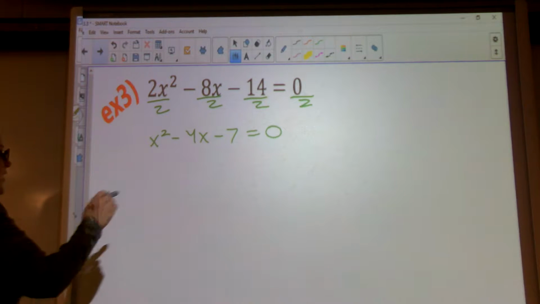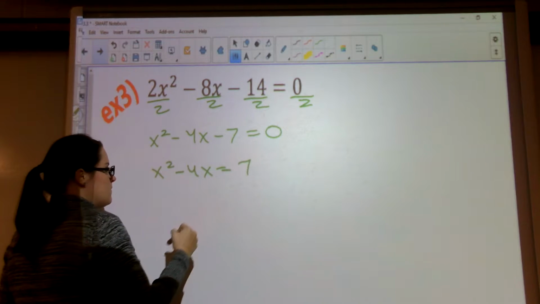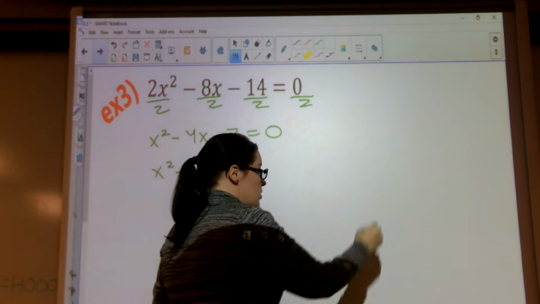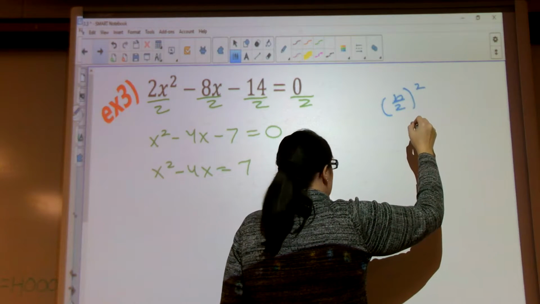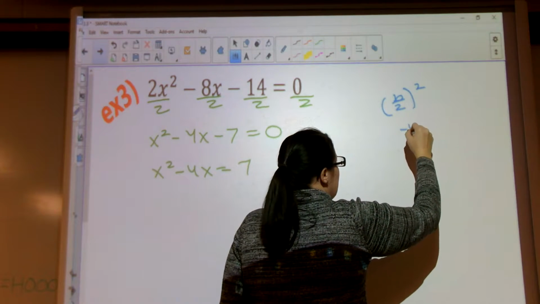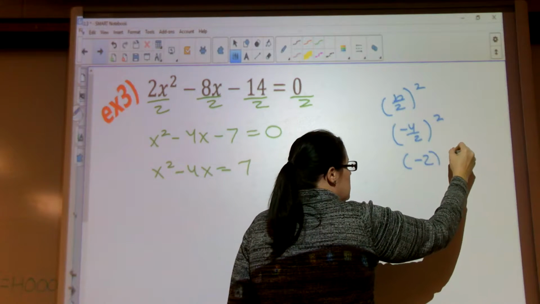Okay. Now take that constant over. So in our case, we want b over 2 squared. So we're going to add to both sides. In our case, negative 4 over 2 squared, which is negative 2 squared.